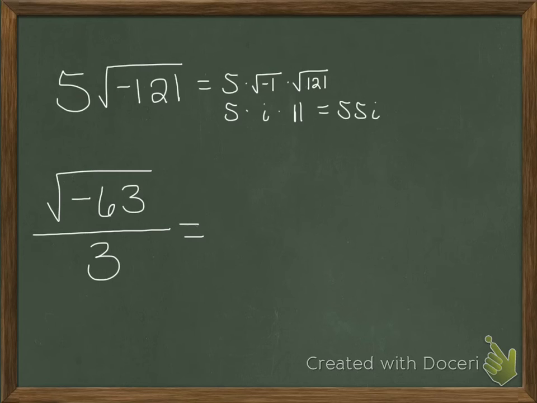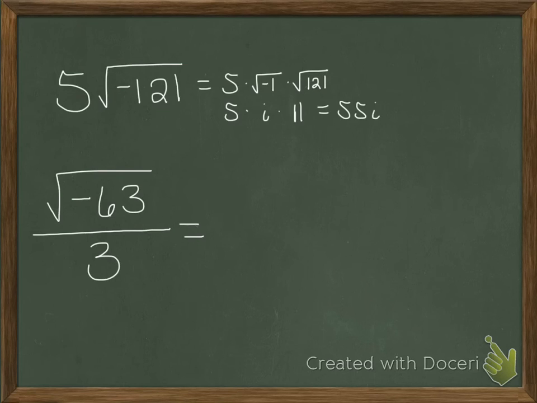Then we look at the square root of negative 63 being divided by 3. Notice how dividing by 3 is not underneath the square root. That is important. So I'm not taking 63 divided by 3; I'm taking the square root of negative 63, divided by 3. So I have to simplify the square root of negative 63 first.